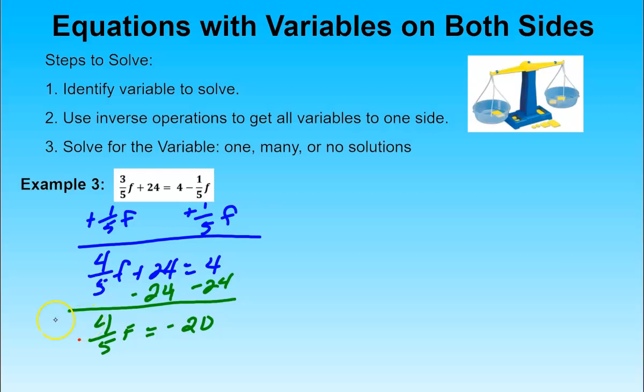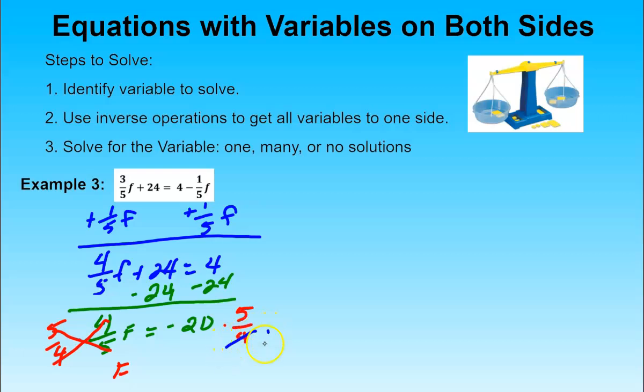So I'm going to be multiplying by 5/4, because this will give me 20/20 f, which is really the same thing as 1f, which is what I want. So I have 1f. And then since I multiply by 5/4 on the left, I need to multiply by 5/4 on the right.